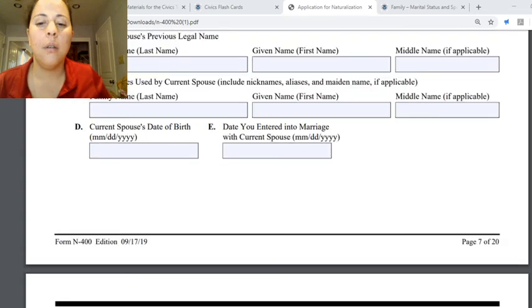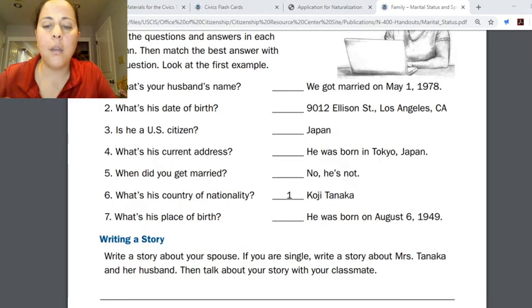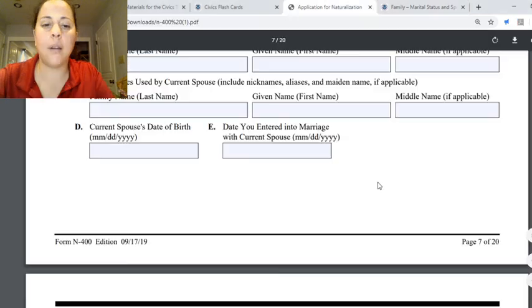Letter D, current spouse date of birth. When was Mr. Tanaka born? Mr. Tanaka was born on August 6, 1949.